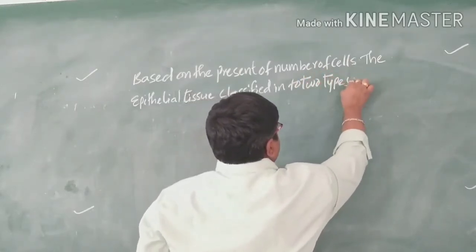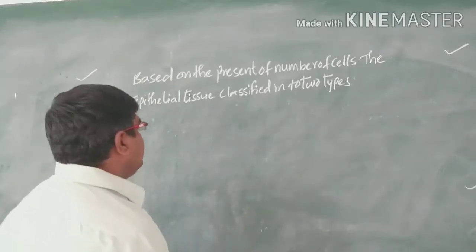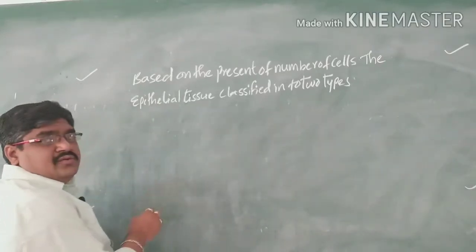These are classified based on the number of cells. Here the epithelial tissues are classified into two types.